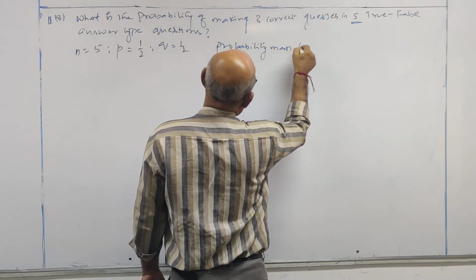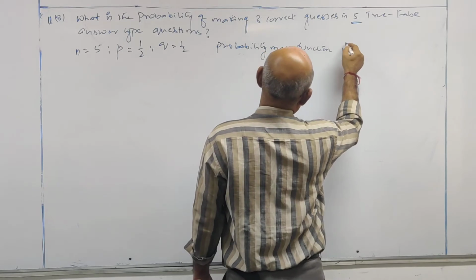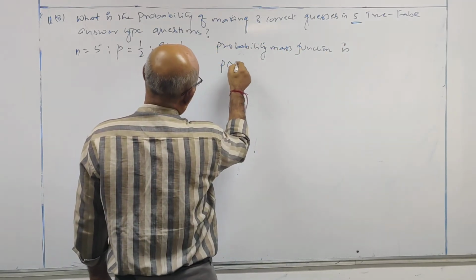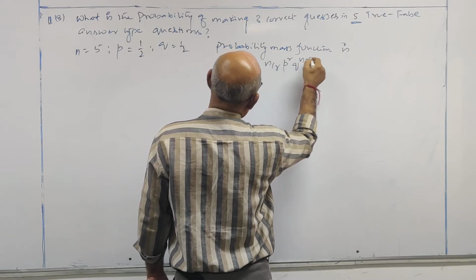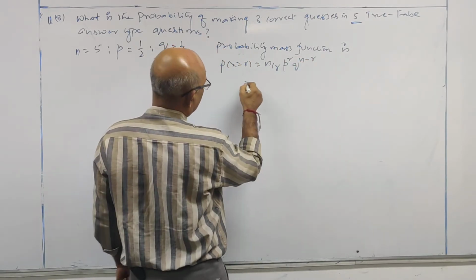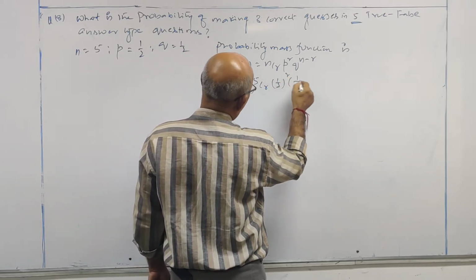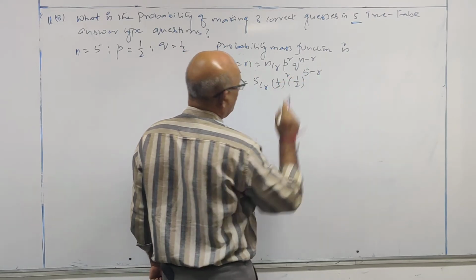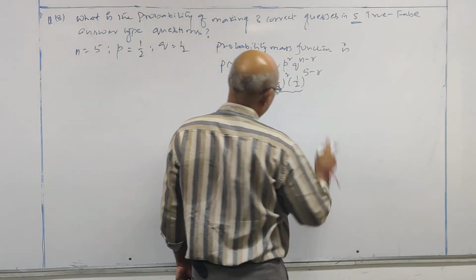Probability mass function. P of x is equal to R, NCR, P to the power of R, Q to the power n minus R. 5CR, 1 by 2 to the power of R, 1 by 2 to the power 5 minus R. Now look at these two.